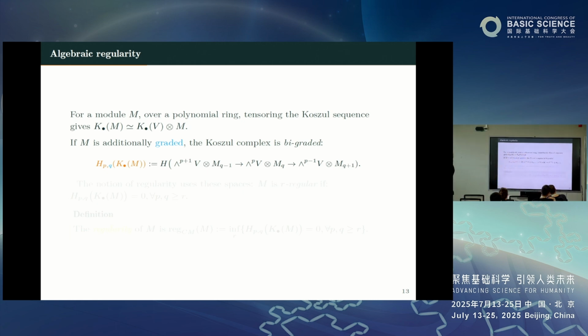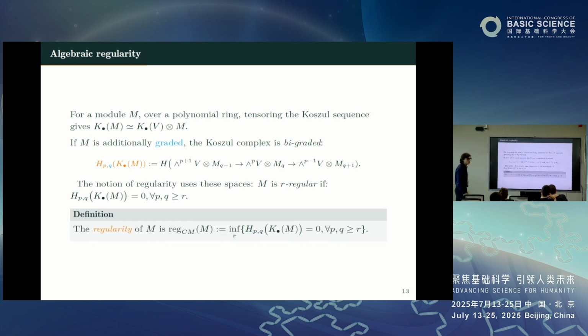Then you can define H^{p,q} from this bigraded complex, and that defines an equivalent notion of regularity. A graded module is regular if, taking the infimum over r of those p,q where H^{p,q} vanishes after some degree, that is basically the regularity of the module. You can do this for what I just mentioned, and you see that these are equivalent.